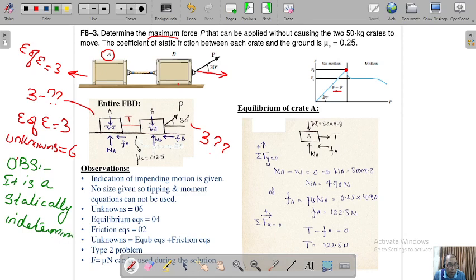We were talking about this as a whole system. If you look at this as a whole system, this is a statically indeterminate problem.